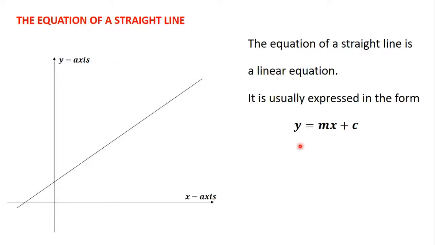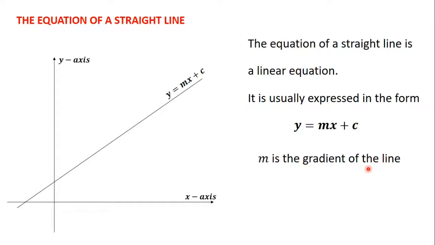The equation of a straight line is usually expressed in the form y is equal to mx plus c. So generally, the equation of a straight line is given in the form y is equal to mx plus c. When you express the equation of a straight line in this form, that is y is equal to mx plus c, m will give you the gradient of the line.